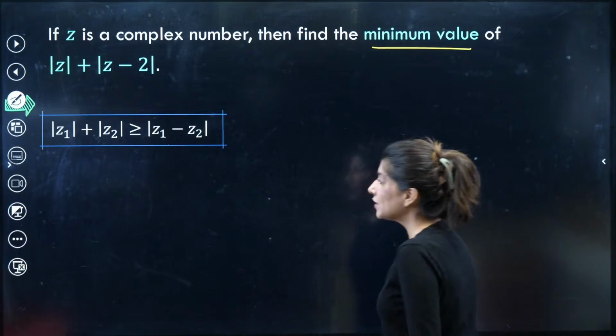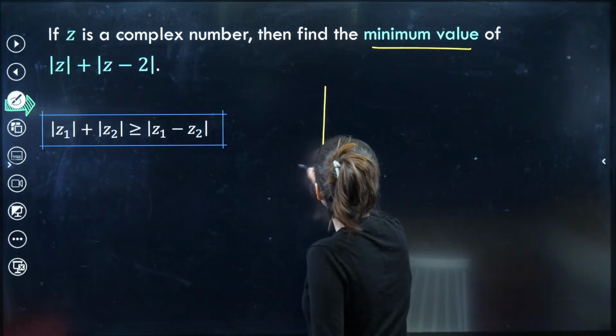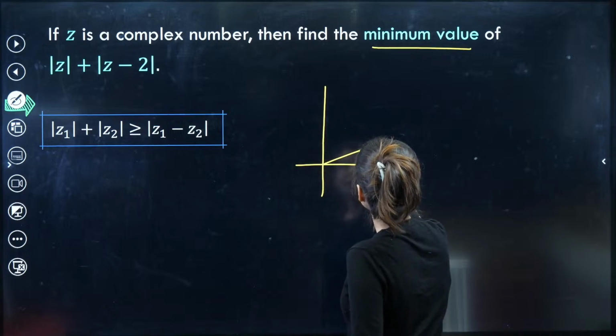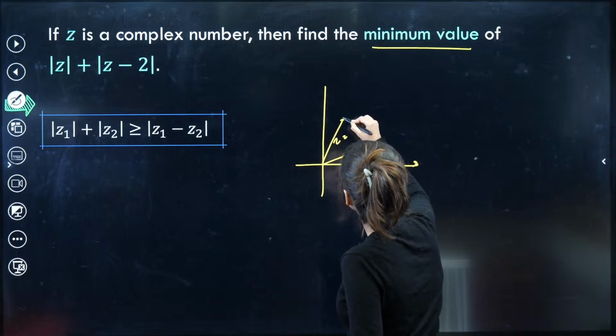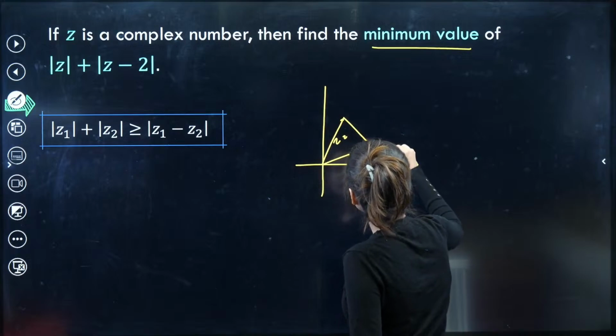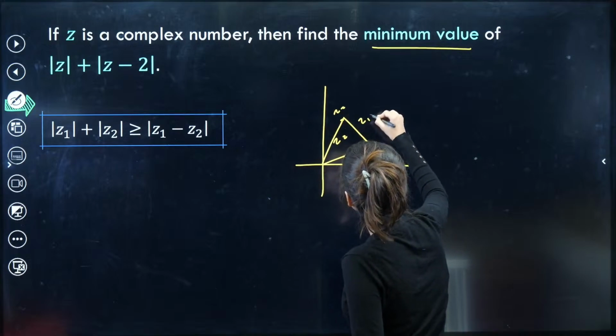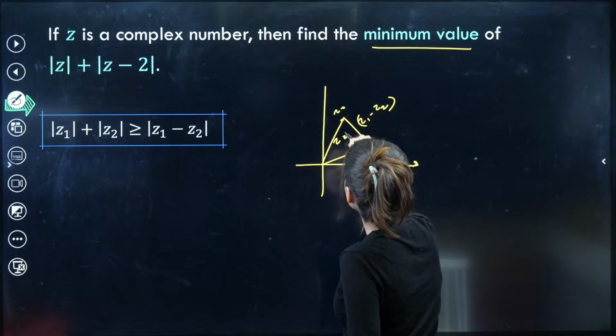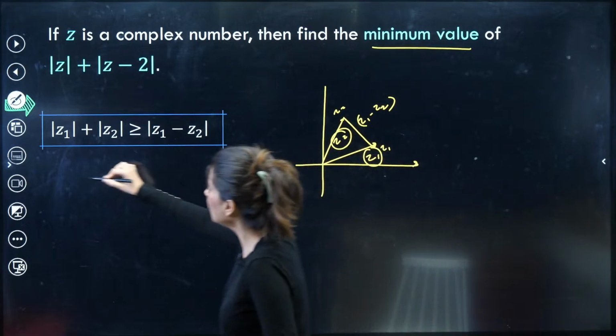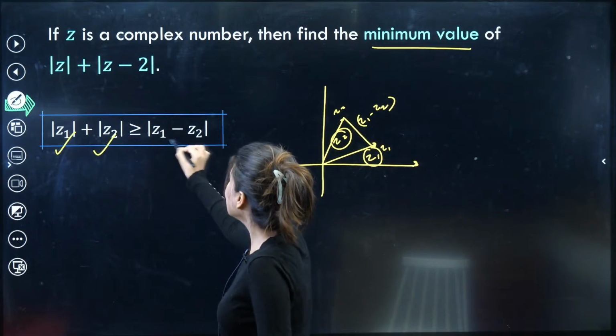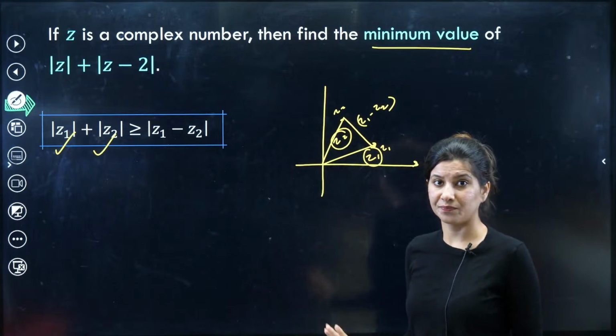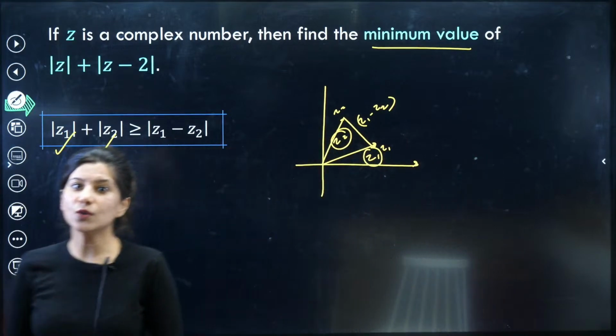Okay. So which inequality am I trying to use? This is your Z1, this is your Z2, and this is Z1 - Z2. So can you see, the sum of two sides, |Z1| + |Z2|, is greater than or equal to the third side. This is what we have written. Okay.